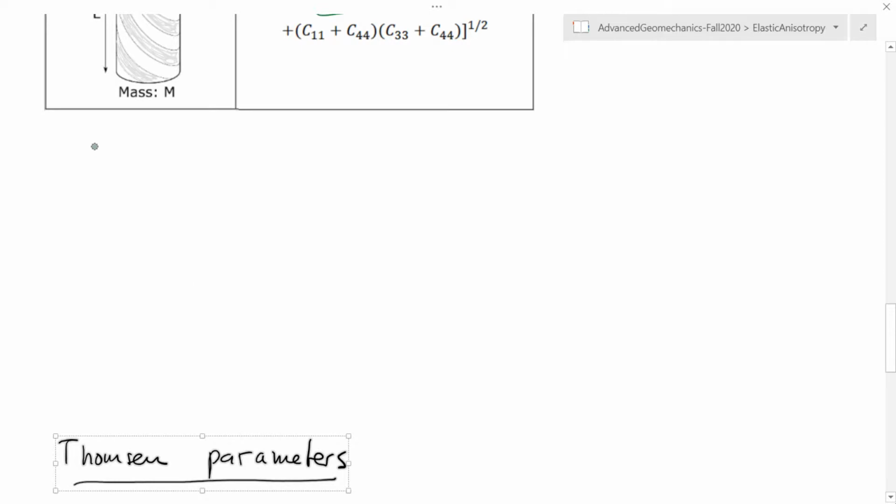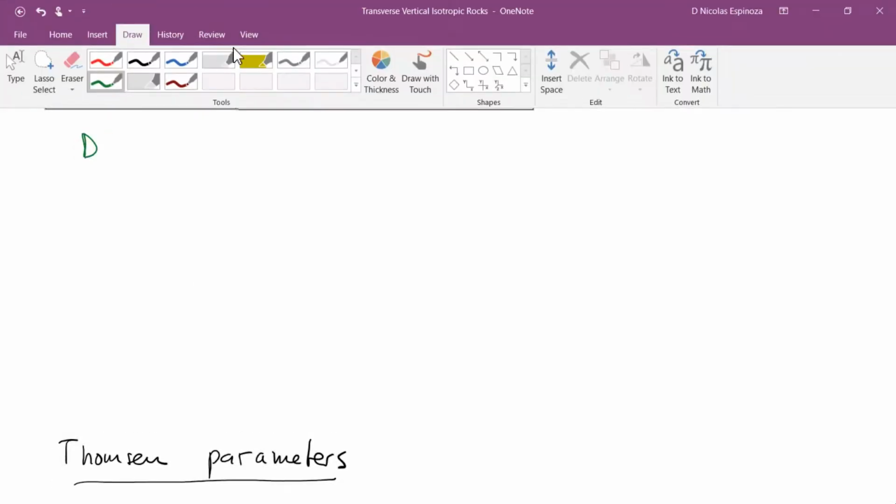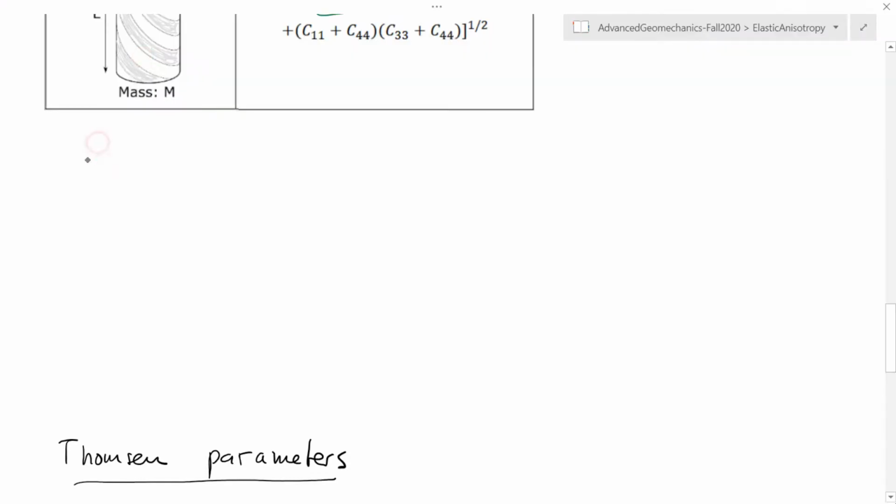What we would like to do is obtain functions that will allow us to calculate the static properties from the dynamic measured properties, usually also combining well logging measurements.